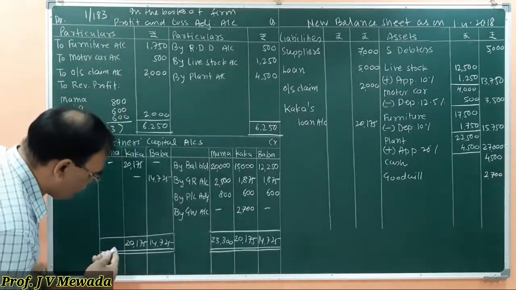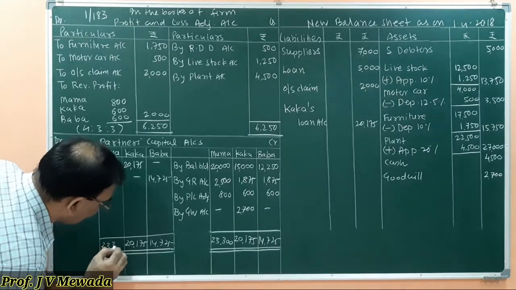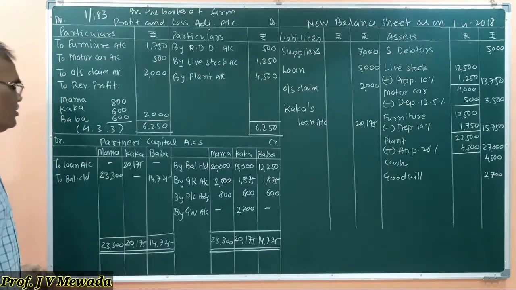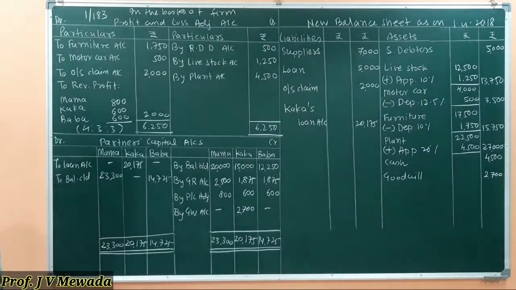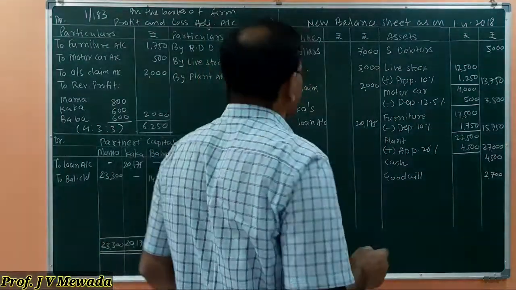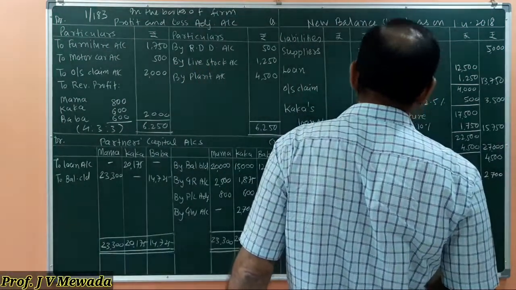So that total also we are going to write 23,300. So these are the balances of Mama and Baba after the revaluation and all that. Okay.